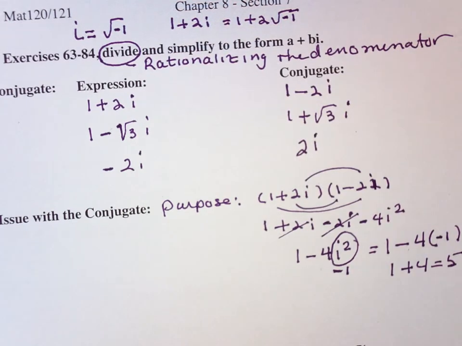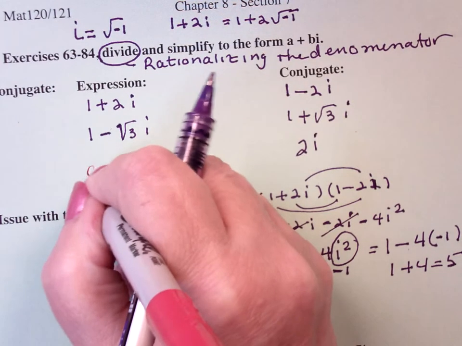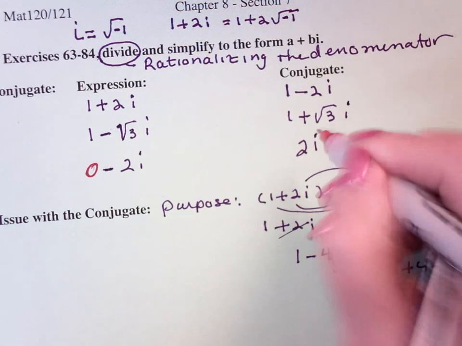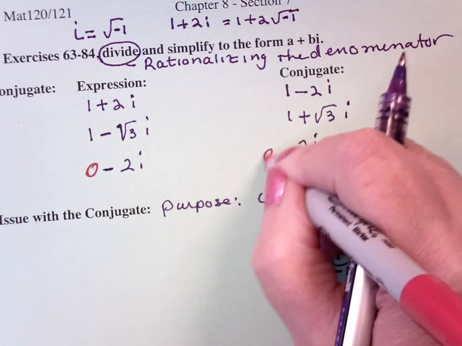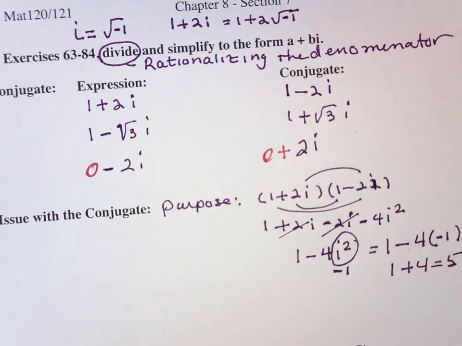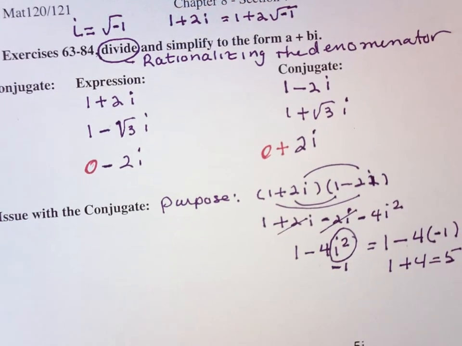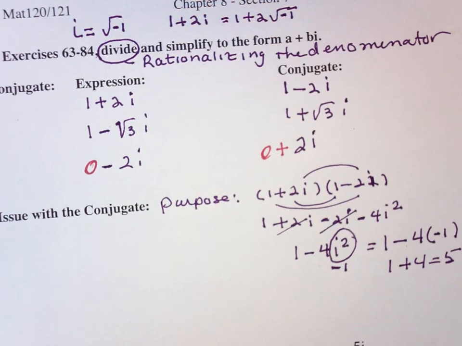And you say, well, why does that work that way? Well, the complex number would be 0 minus 2i. It would be 0 plus 2i. So the only thing that ever changes is the sign in the middle. So that's how you divide complex numbers. You multiply by the conjugate.